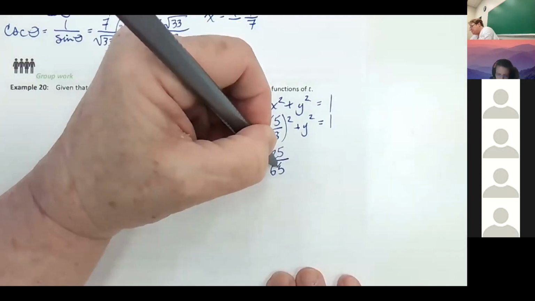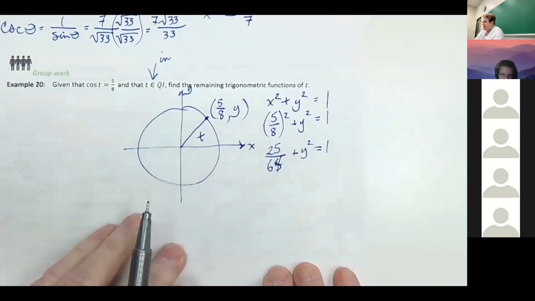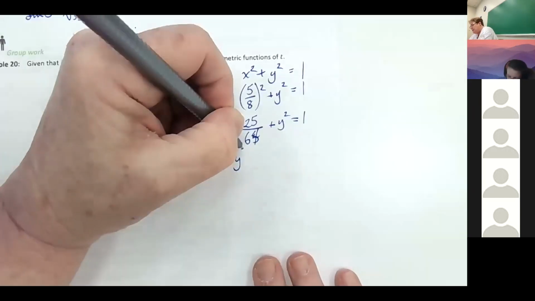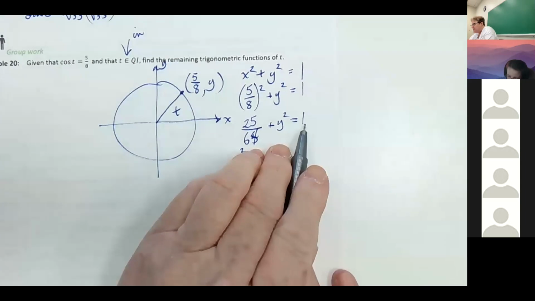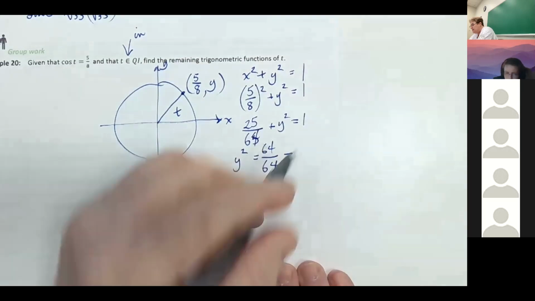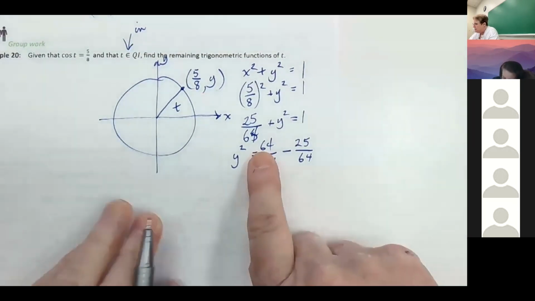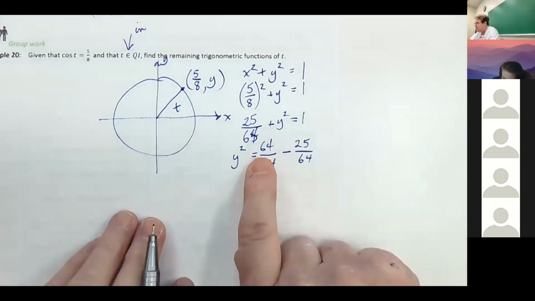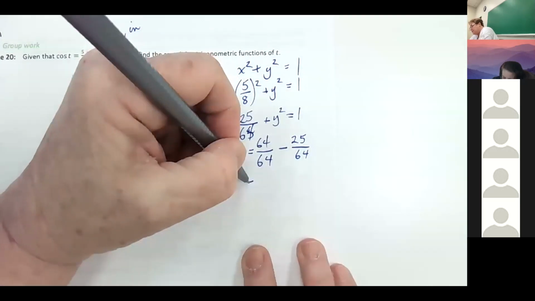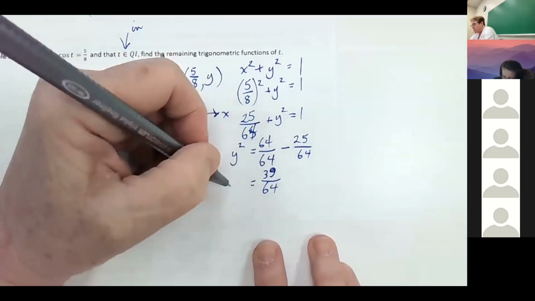Excellent. And I'm going to subtract 25/64 from both sides. So y squared, I'm going to write 1 as 64/64. And we're subtracting 25/64. What is 64 minus 25? Okay, yeah. So we get 39/64. And I think there are no common factors.